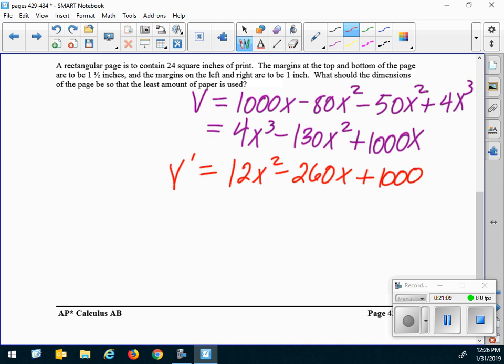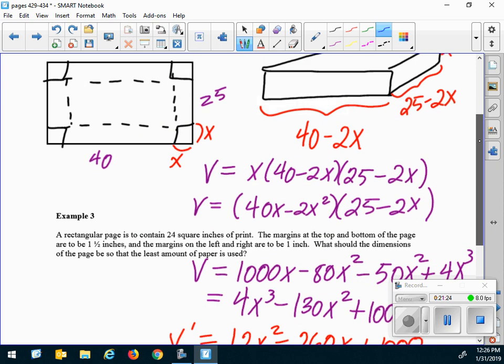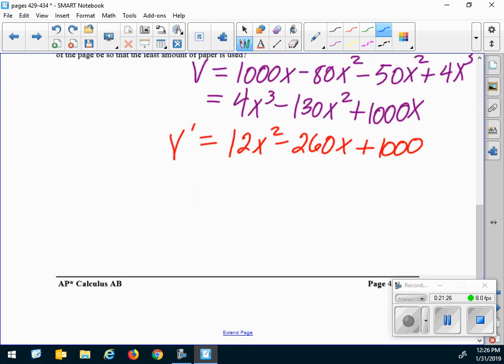Well, I don't know about you, but I don't want to try to factor that. Will that help us to factor it? I don't know. I would certainly assume this would be on a calculator part. If you divided them all by 4, would we get something that we could factor?